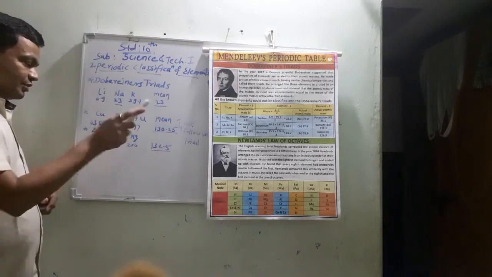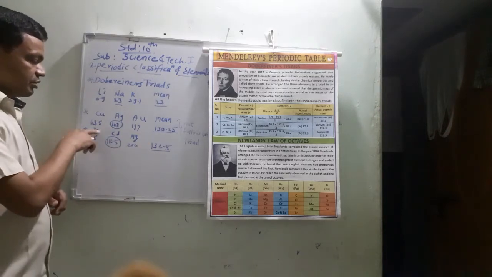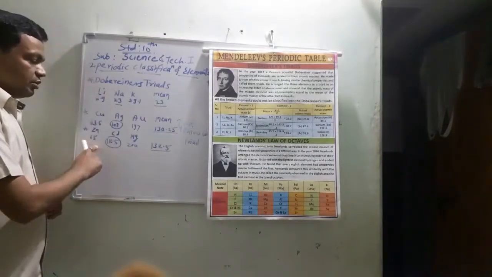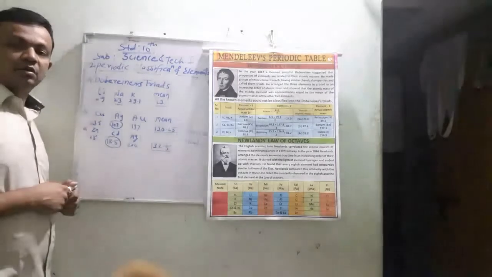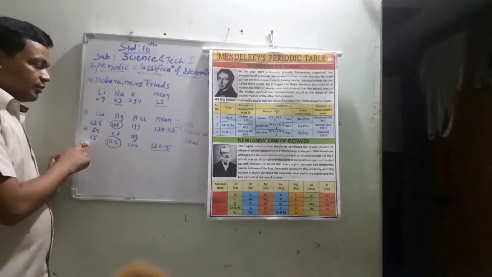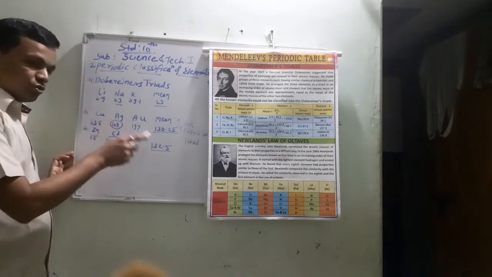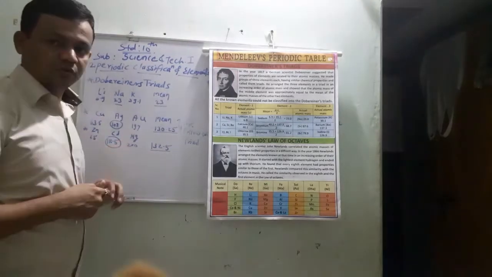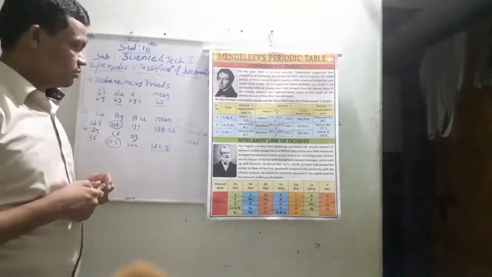Similarly, another example: zinc, cadmium and mercury. If you find their atomic masses, it also does not follow the law of Dobereiner's triad.